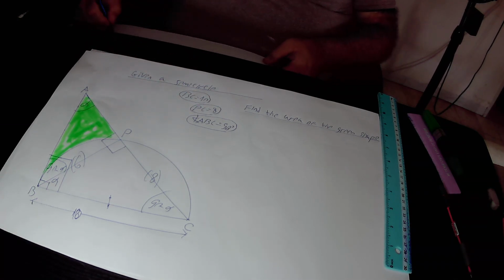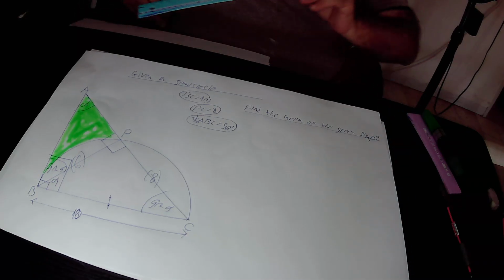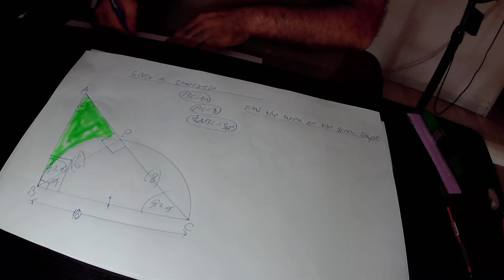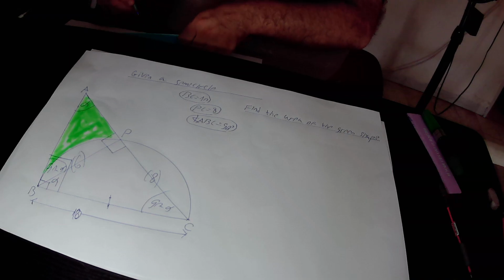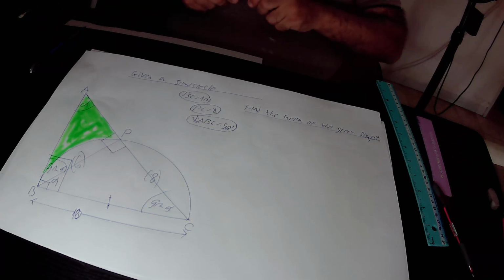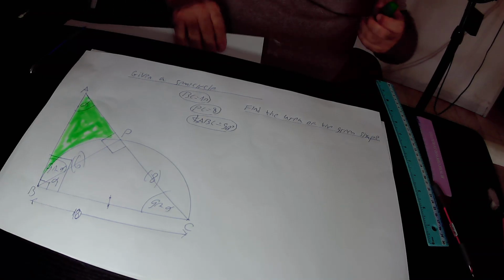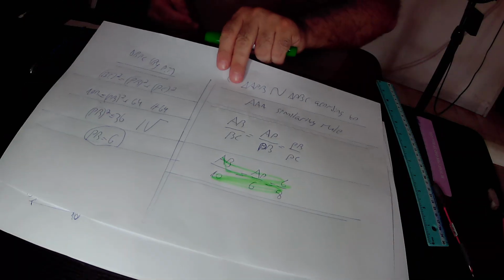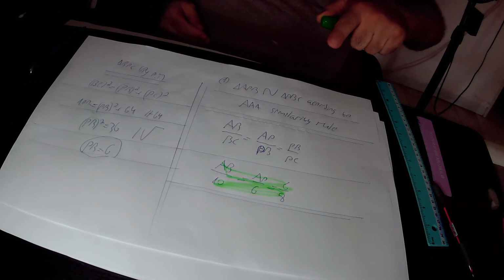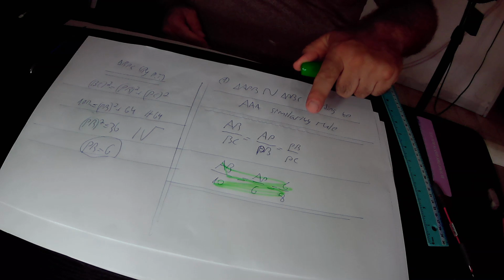PC is 8. So in total, we found out that AB over 10 equals AP over 6 equals 6/8.